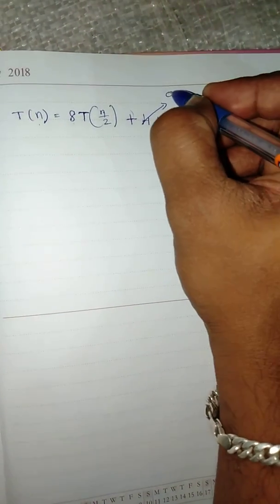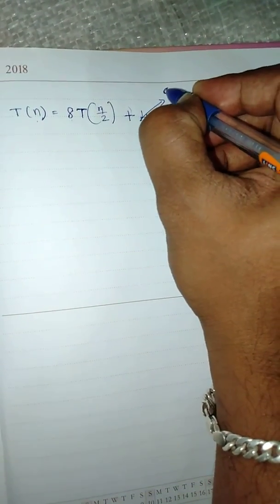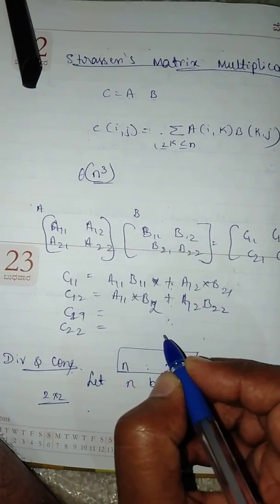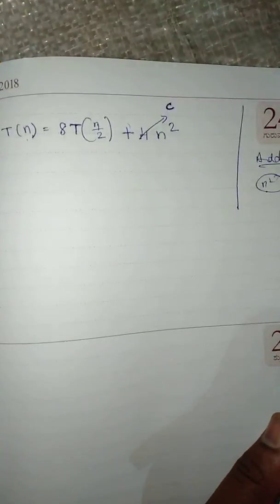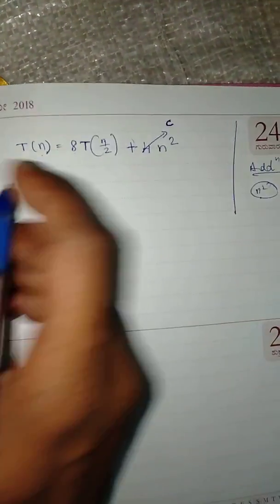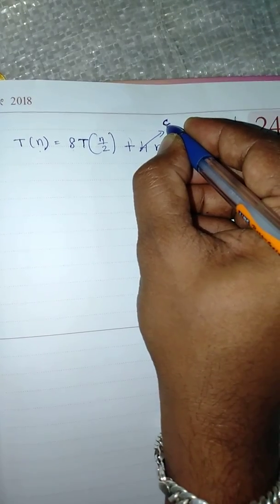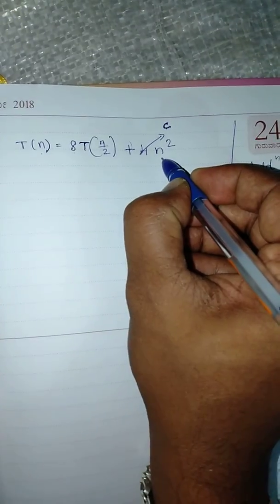Because in this case it is 4 additions, and in another case it may be 16 additions if you consider the 4 by 4 matrix, and so on. Hence I replace this value with some constant. Anyhow, that does not affect the order of growth.